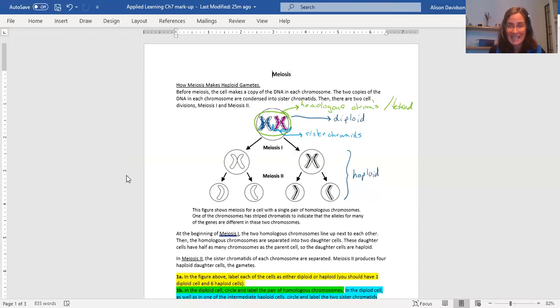They are genetically identical to each other because they were formed in the process of DNA replication, which occurs in interphase S. We can also see the sister chromatids are still connected at the beginning of meiosis 2, but they get pulled apart in the second round. One of them ends up in this cell, and one ends up in this cell. Likewise over here, these two are sister chromatids.